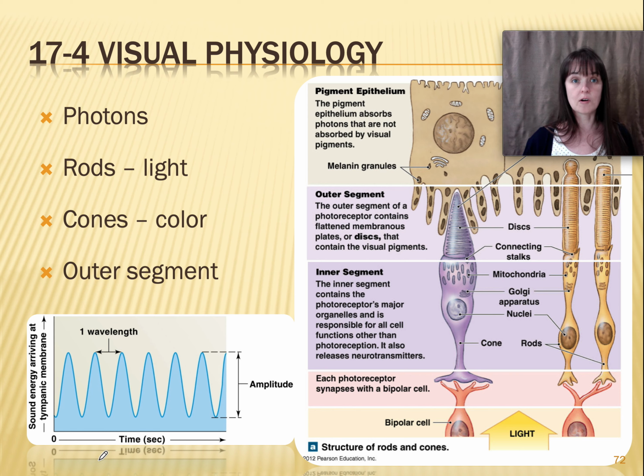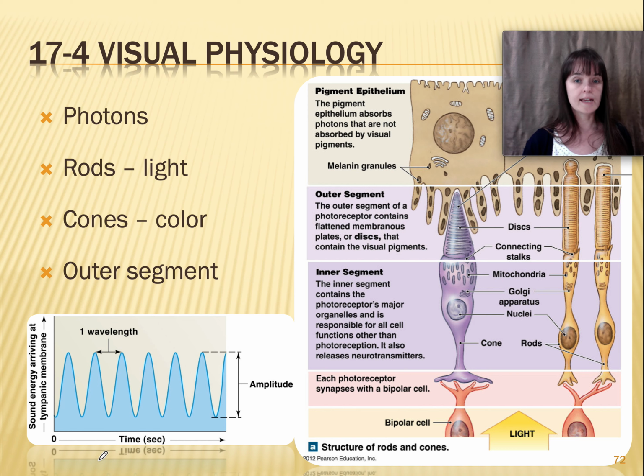That's it. Light or not light. The cones, however, detect different wavelengths, and there are 3 different types of cones, and they detect 3 different ranges of wavelengths. And so the cones will identify different colors for you, the rods will not.